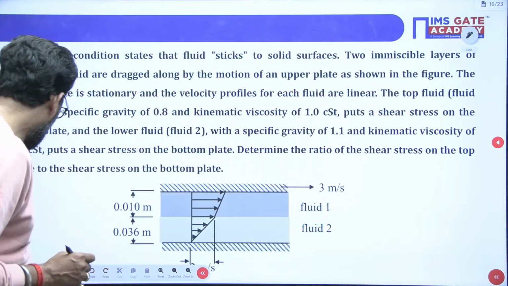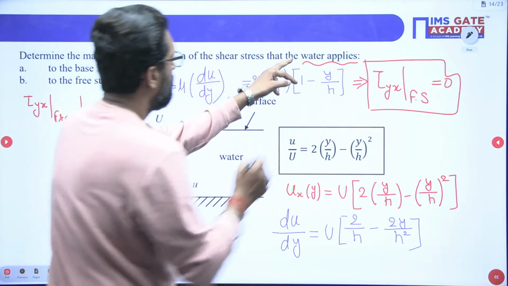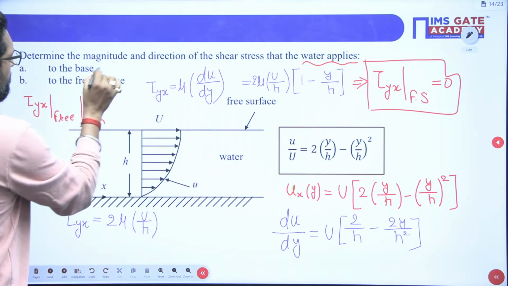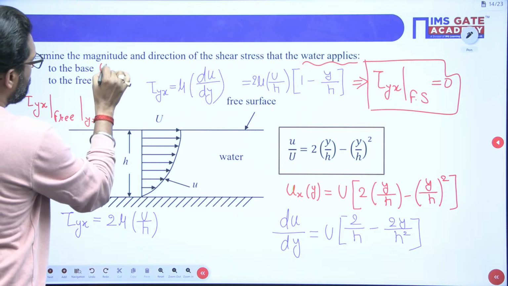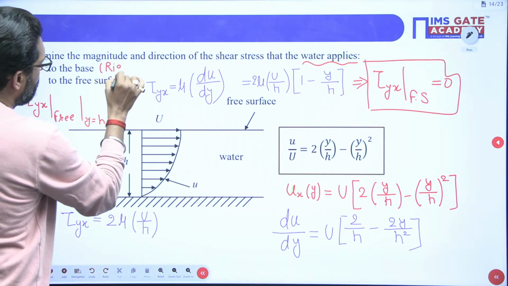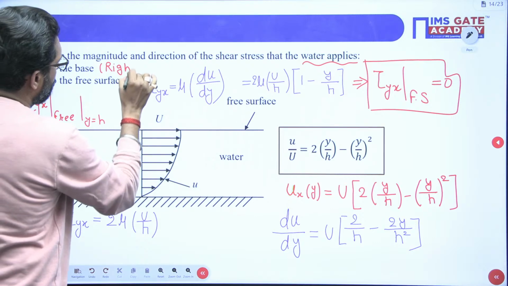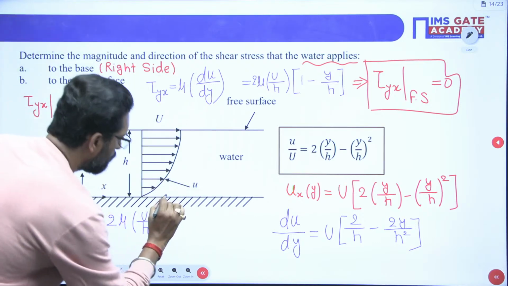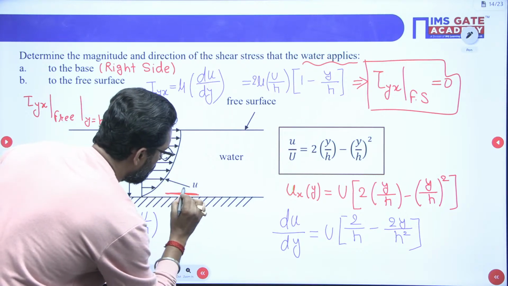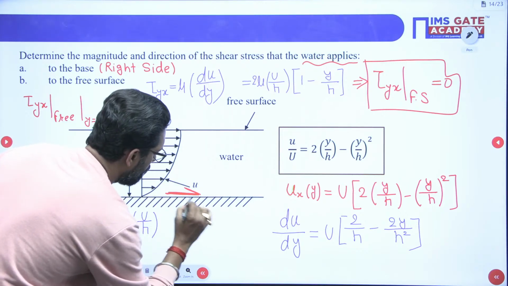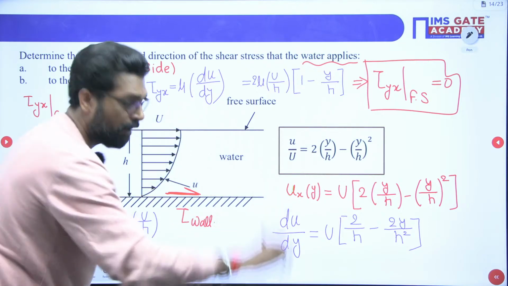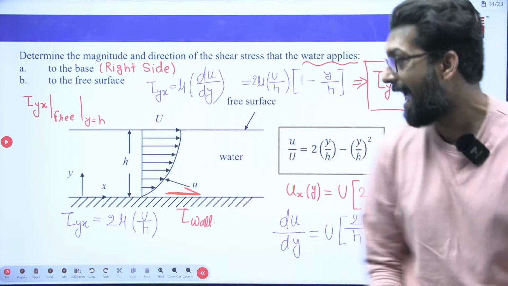So on the wall, by the fluid, by the water, on the base, it is right side. Right side. Clear? Which direction? Right side. So this is the stress on the wall. This is your tau wall. Stress will act on the wall.